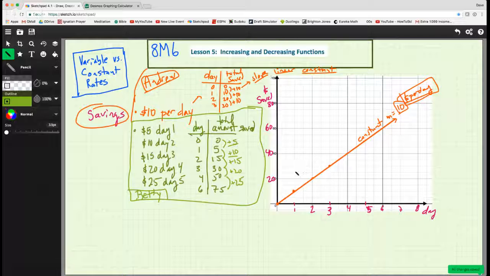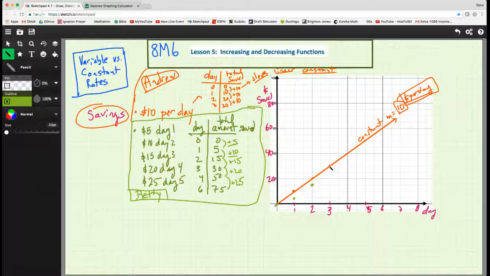So let's graph that and see what this looks like. Because if we can see what a variable rate, a non-constant slope looks like, then we can begin to recognize it as we look at other examples. So after we got 0, 0, we have same starting place, but after 1 day we only have $5. And after 2 days we have $15.